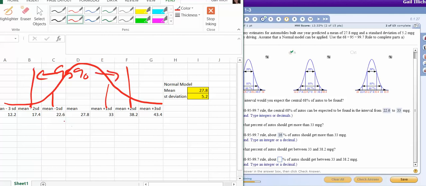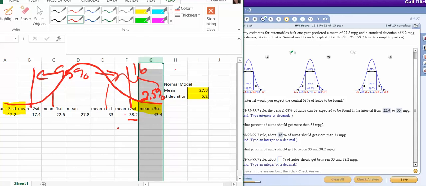Same logic as the previous problem. That means you have 100 minus 95, or 5%, to split between the tails beyond 2 standard deviations. So 5% divided by 2 is 2.5. So 2.5% of the vehicles have a miles per gallon beyond 38.2. Then you know that 16% of the vehicles are beyond 1 standard deviation.